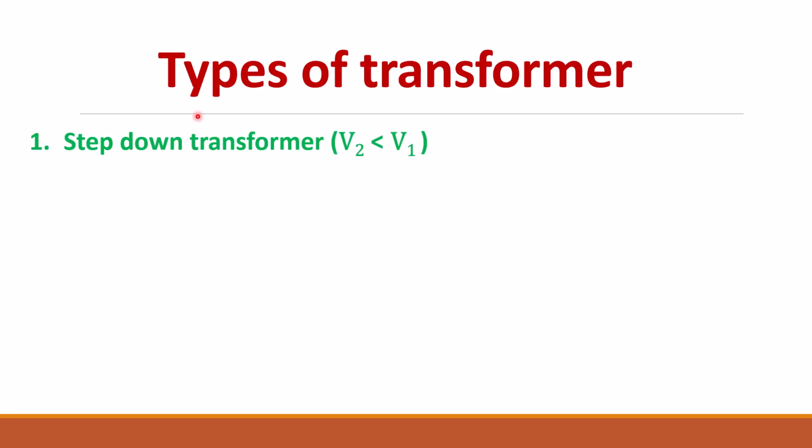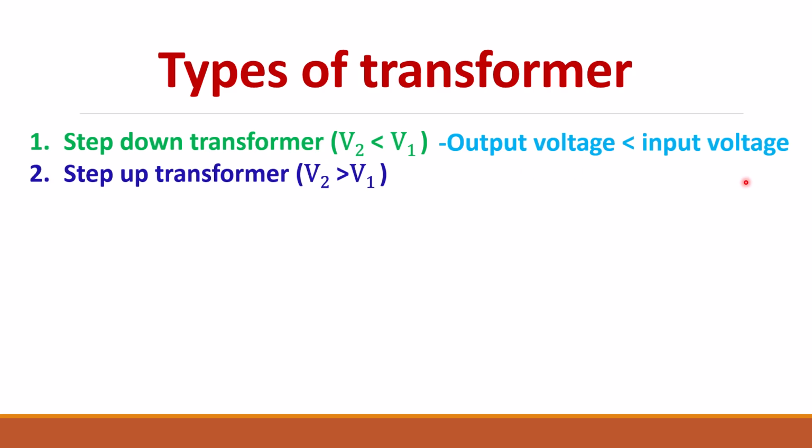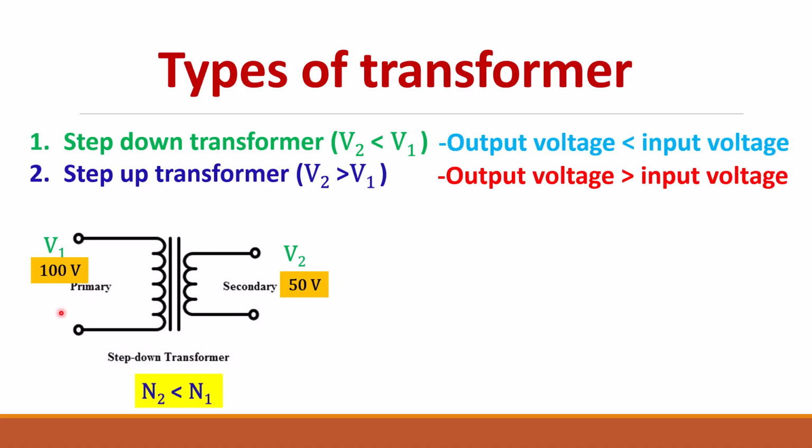There are two types of transformer: step down transformer, where the output voltage will be less than the input voltage, or step up transformer, where the output voltage will be greater than the input voltage. This is the step down transformer. You can see here, if I give 100 volts, I will get 50 volts, provided this turns ratio.